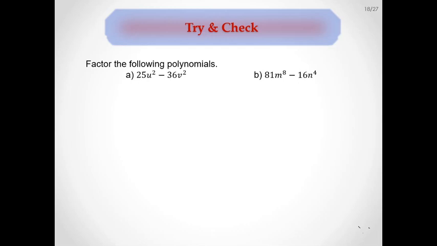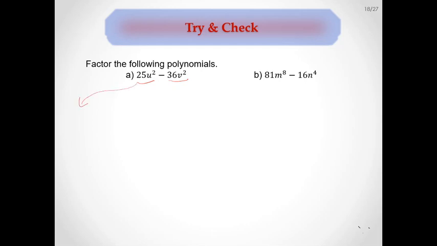Now let's do the try and check. Please stop the video and try to do it by yourself, then compare your solution with mine. Now we will factor the following polynomials. Here we have the first one, 25u squared minus 36v squared.